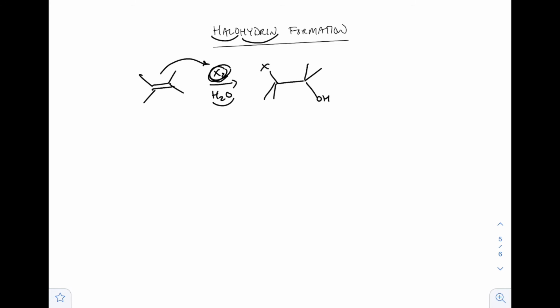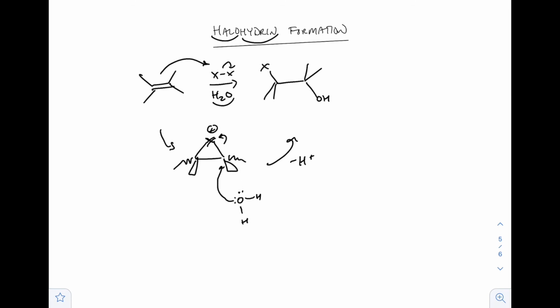The first step of this is exactly the same as the halogenation addition reaction, and we form that halonium. And now water is going to serve as our nucleophile. And after the loss of a proton, we end up with our halohydrin product on the right.